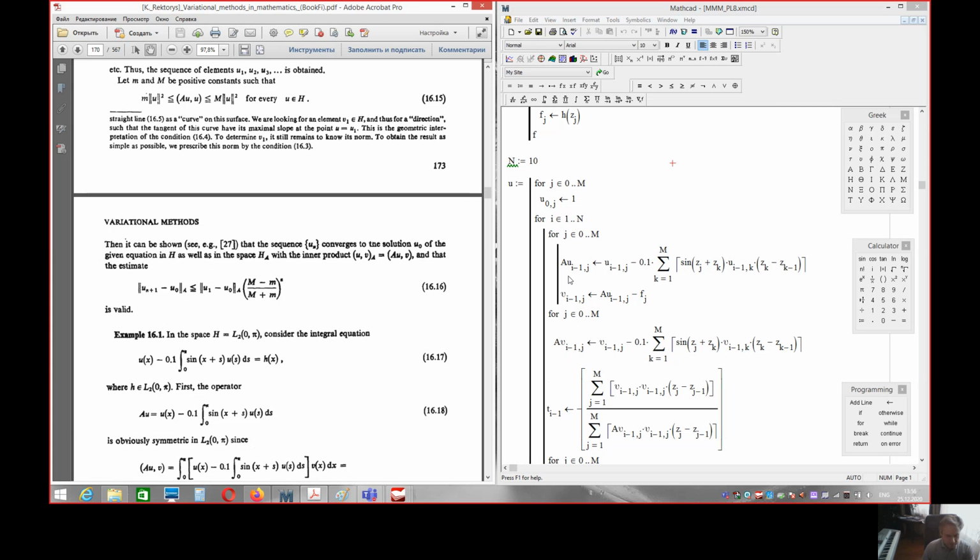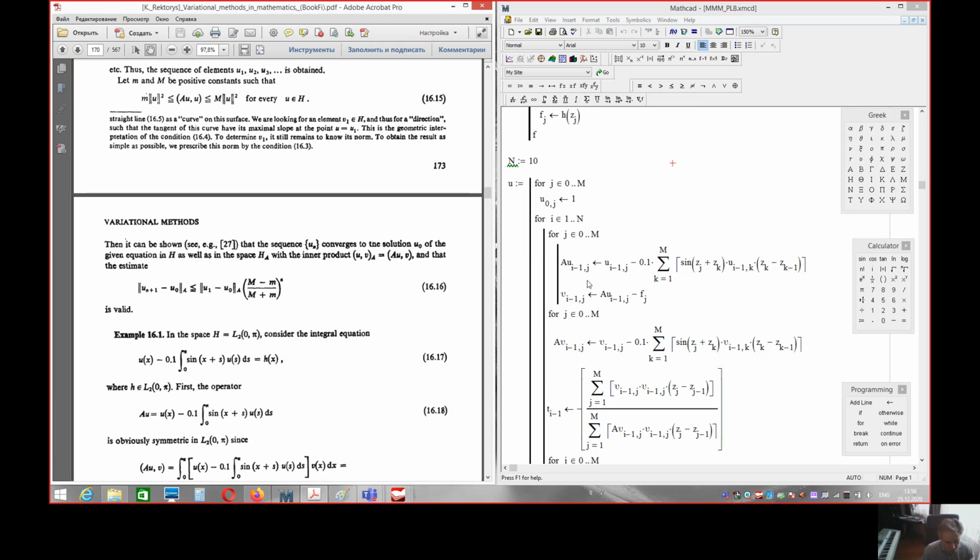So as we start from unity, but the subscript is from 0, we denote subscript here i minus 1, the point j.